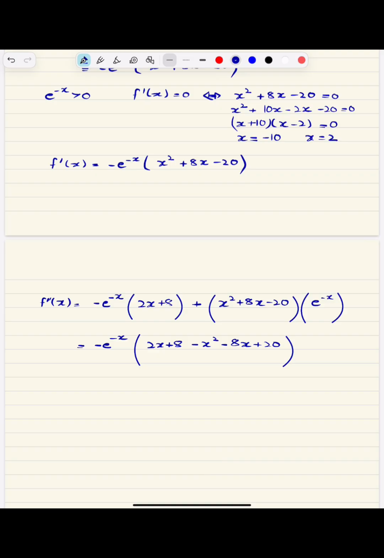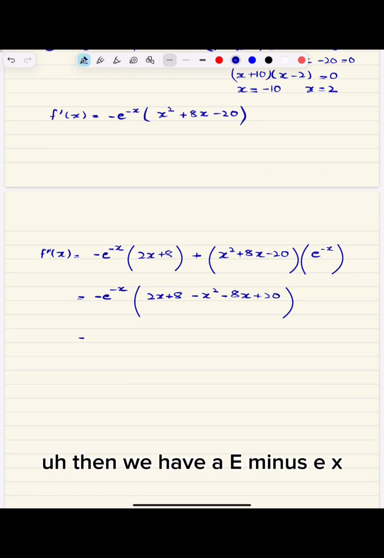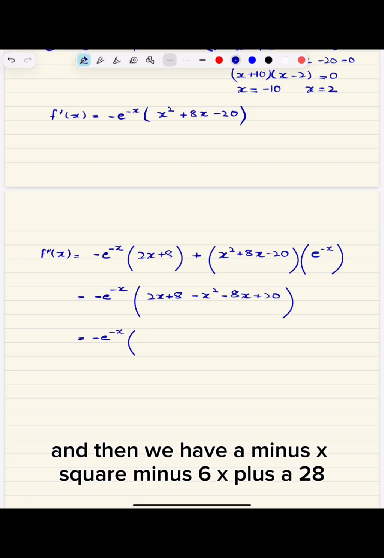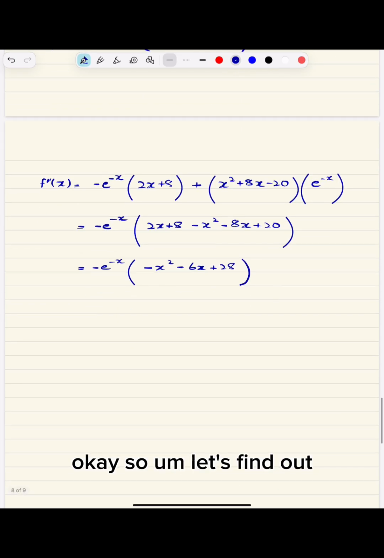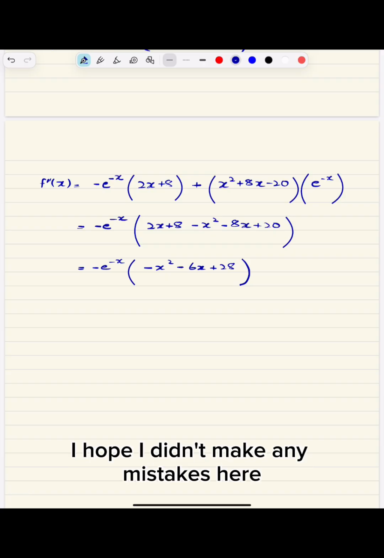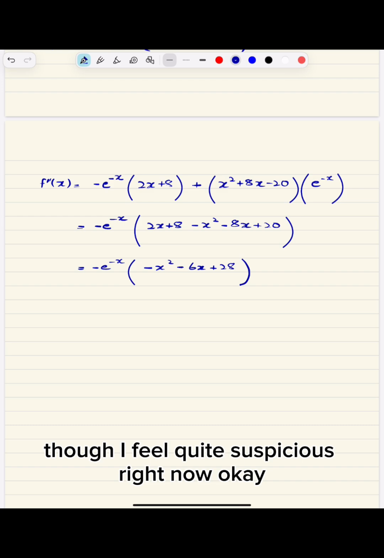Okay, then we have e to the minus x, and then we have minus x squared minus 6x plus 28. Okay, so let's find out. I hope I didn't make any mistakes here, though I feel quite suspicious right now.